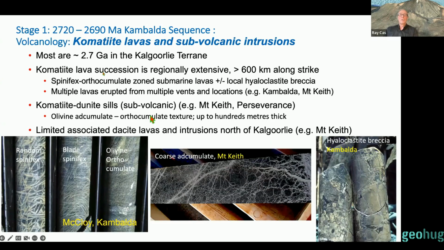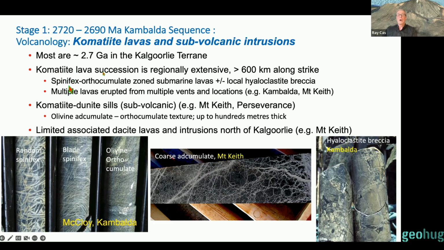And the third principal lithofacies type in the Kambalda sequence are the komatiite lavas and the associated sub-volcanic intrusions. Now, these are mostly plus or minus 10 million years, about 2.7 billion years in age. Again, they extend along the entire strike length of the Kalgoorlie Terrane.